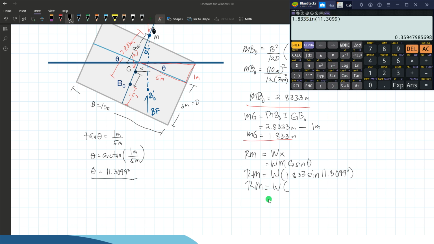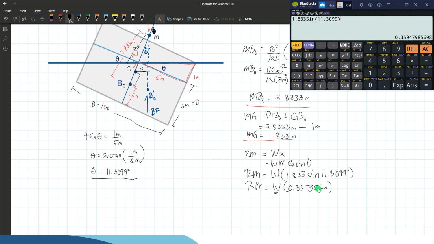That's 0.3595 meters. So what's the value for the weight?